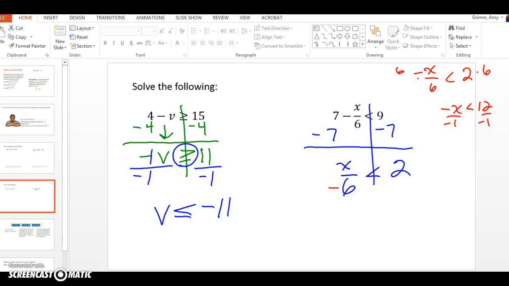So I always try to make it easier on myself, and so I just put it with the 6. Now I multiply both sides by negative 6, and these cancel, and I get x. Then I flip my sign, negative 12. Okay, so always look for the easy way to do that. Questions on either of those before we go on to the word problems real quick?